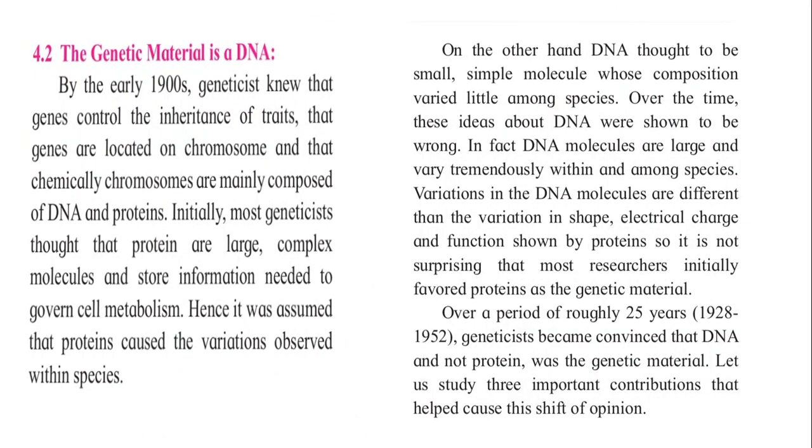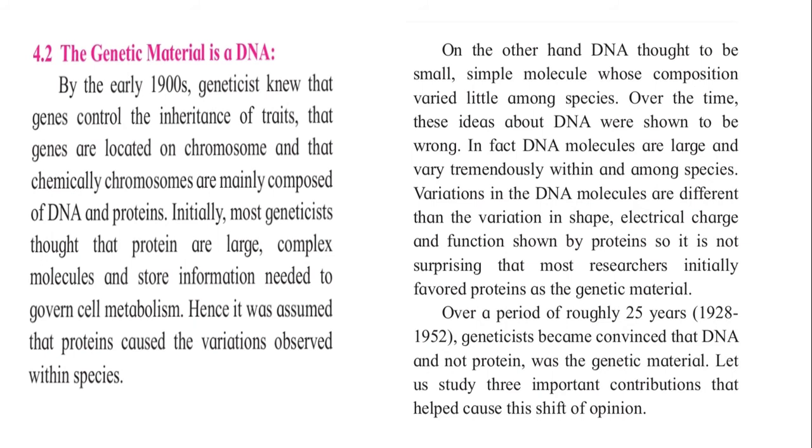Next topic is the genetic material is DNA. By the early 1900s, geneticists knew that genes control the inheritance of traits, that genes are located on chromosomes, and that chemically chromosomes are mainly composed of DNA and proteins.